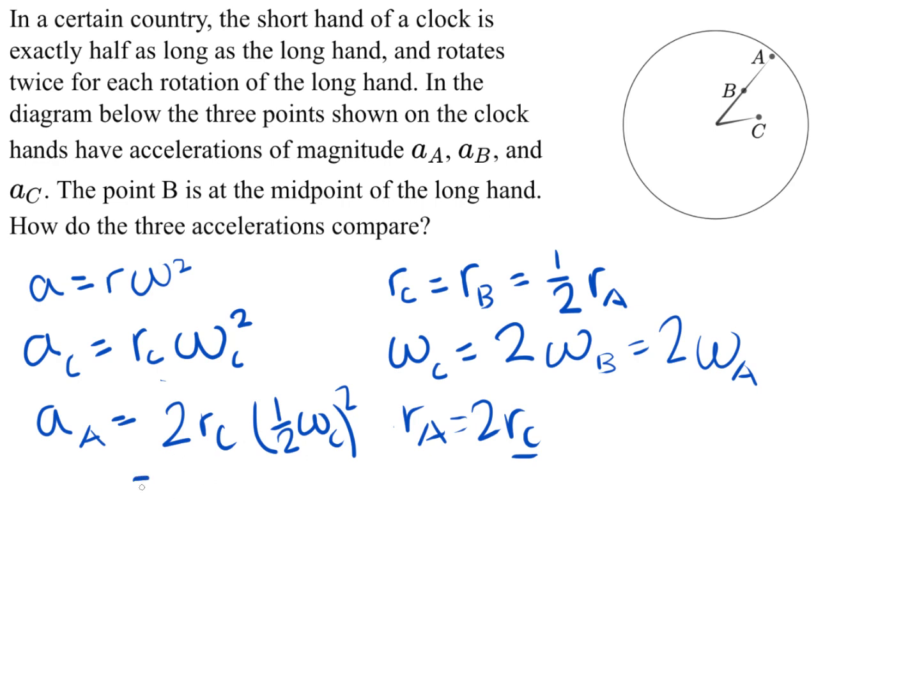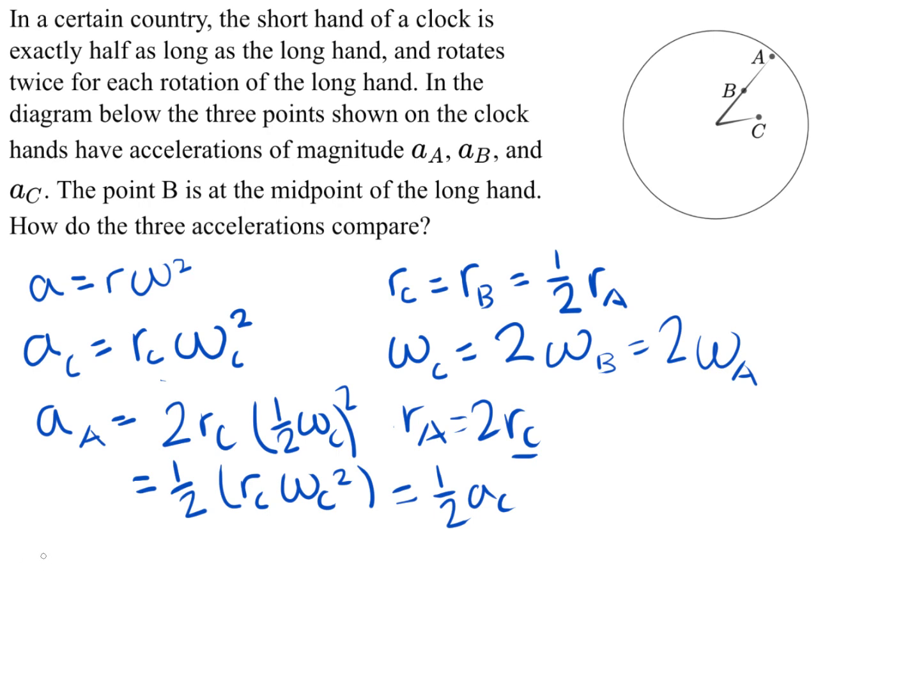So this becomes equal to 1/2 times the radius of C times the angular velocity at point C squared. So this is also equal to 1/2 of the magnitude of acceleration at point C.